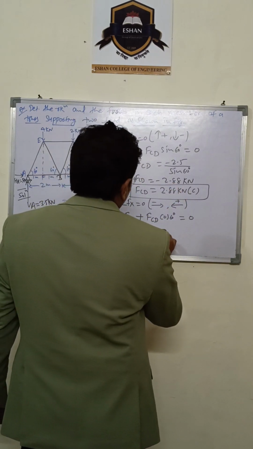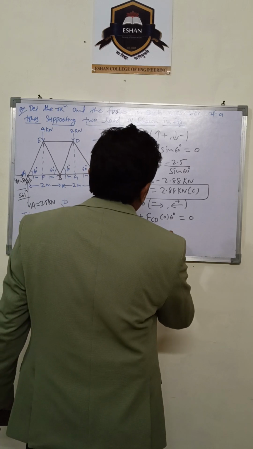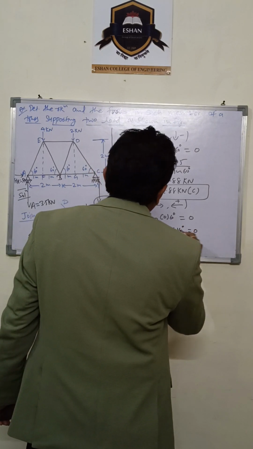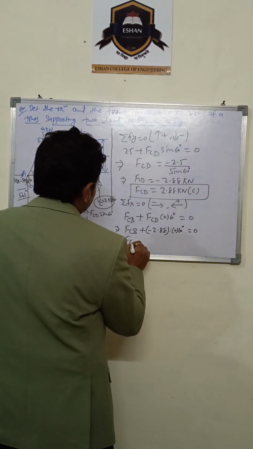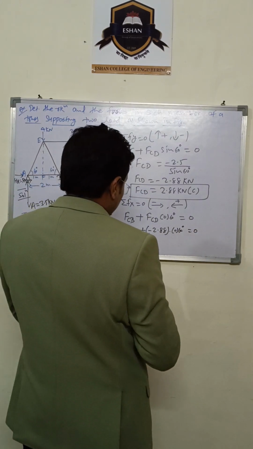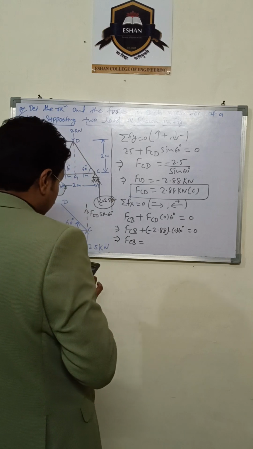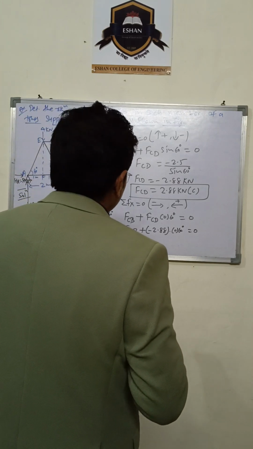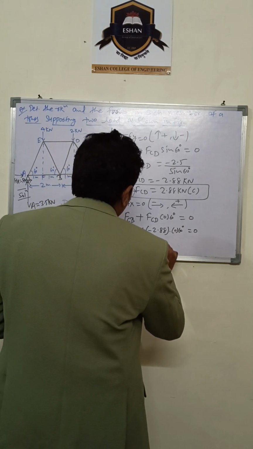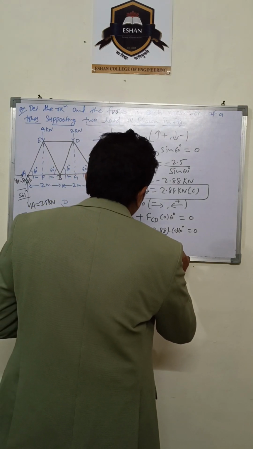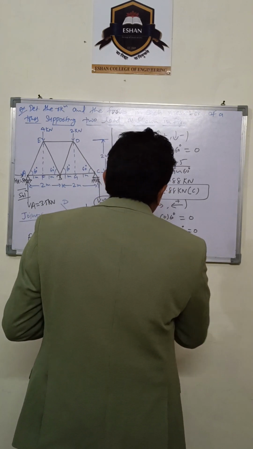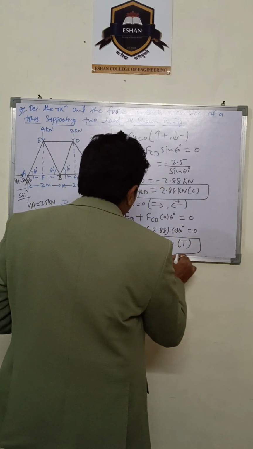All the signs are to be considered. FCB minus 2.88 into cos 60 equal to 0. So FCB equal to 2.88 multiplied by cos 60 degree, that means 1.44 kilonewton. Positive sign indicates the member is in tension.